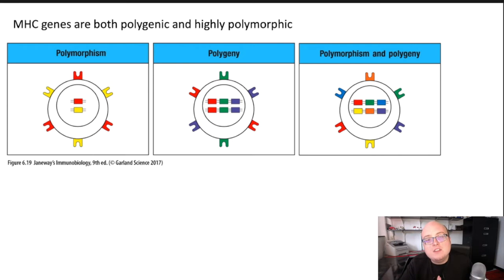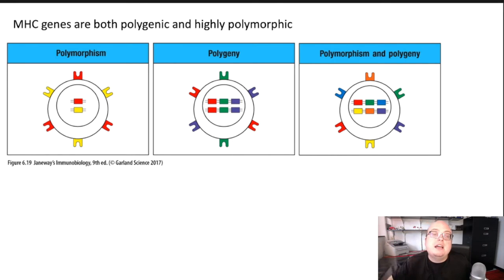And so for that reason, even though individual MHC molecules can bind to a large variety of different antigens, we need a collection of slightly different MHCs on the surface of our cell so that collectively, if you picture a Venn diagram, if we have 6 different versions of MHC class 1 on the surface of our cell, then that's going to cover most of all of the different possible antigen types that we might need.